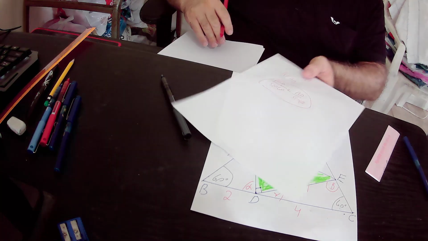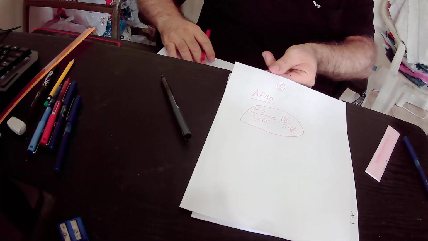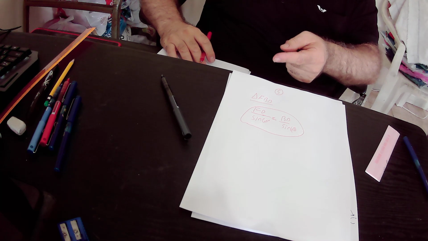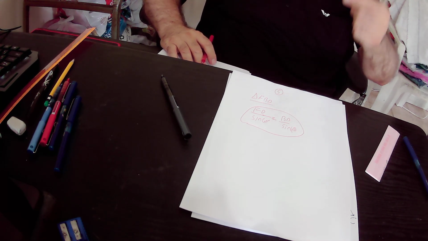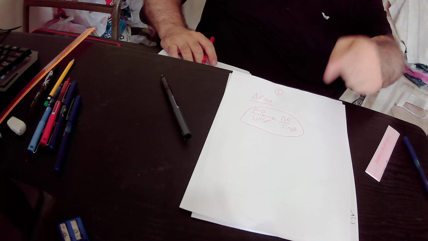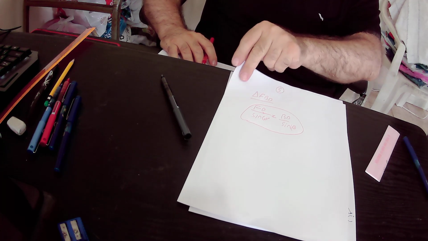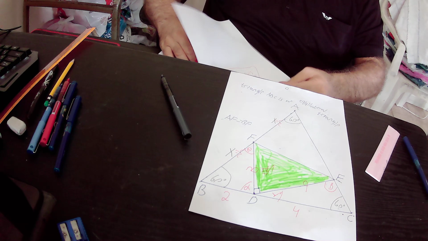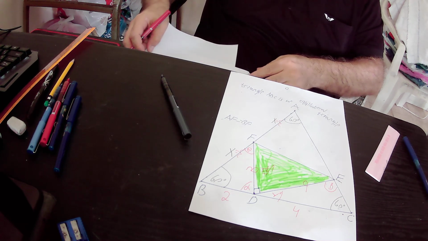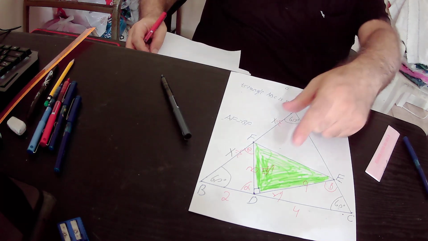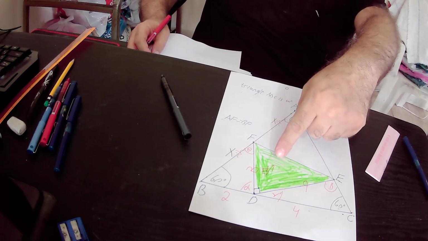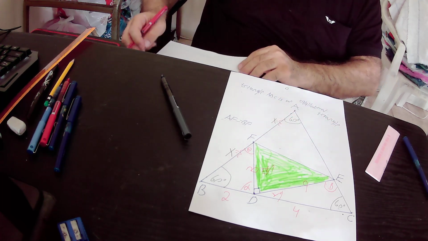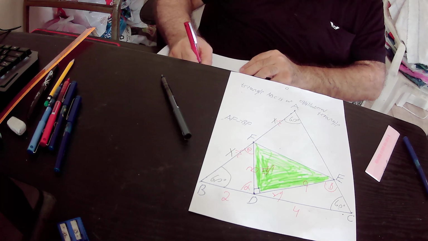Again, in triangle FBD, according to the law of sines, FD over sine 60 degrees equals BD over sine theta. But what is the value of FD? FD equals A, that equals root 7. So FD actually equals root 7.